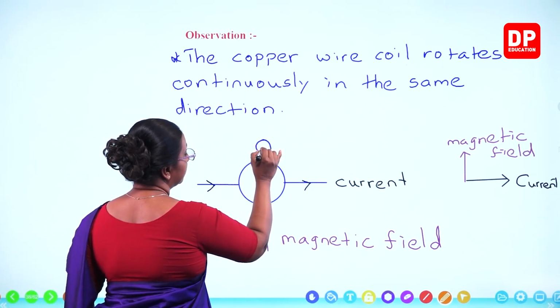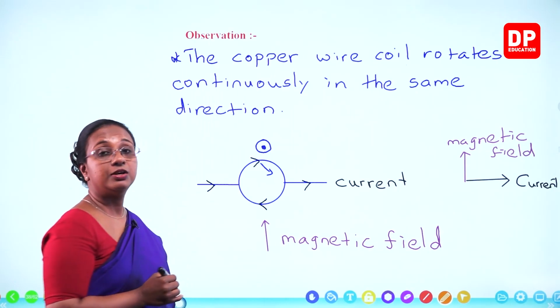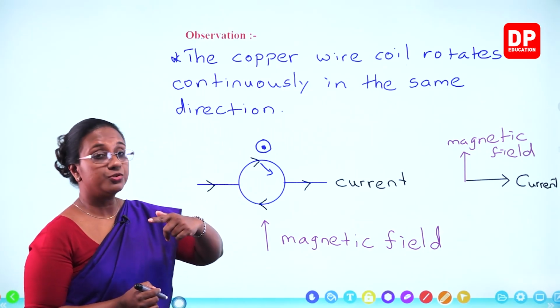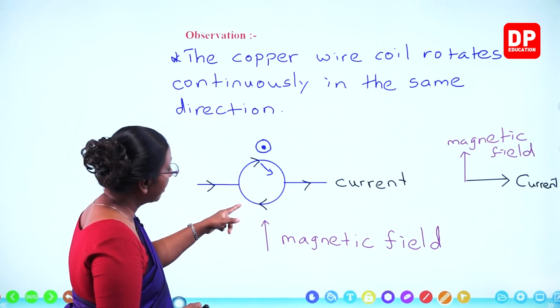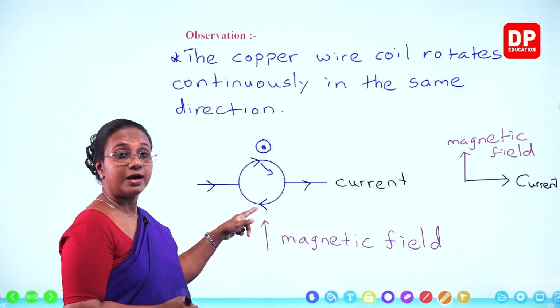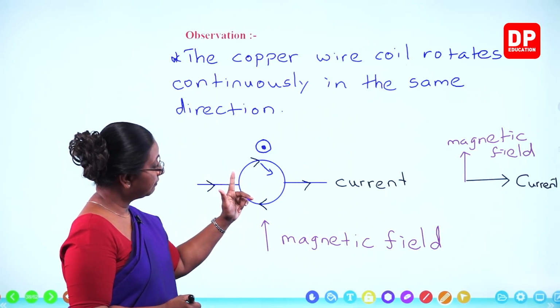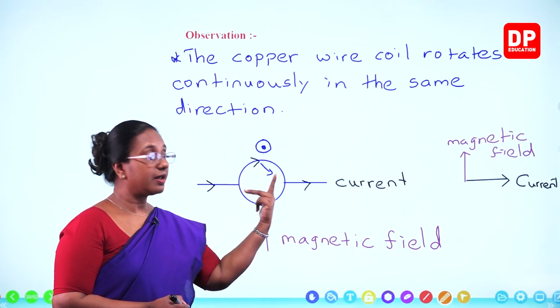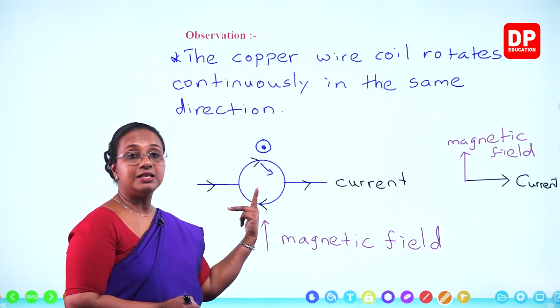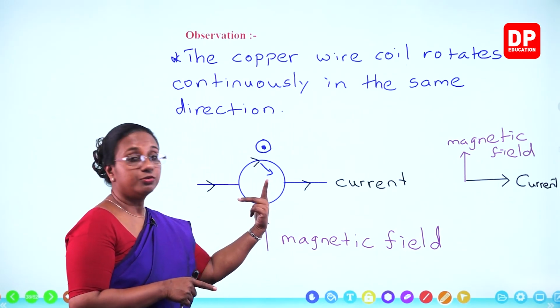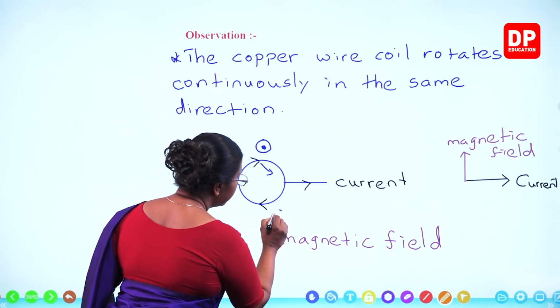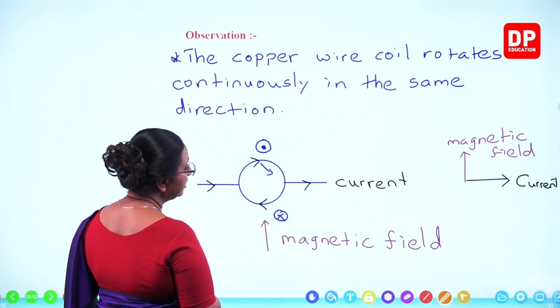We can show a circle with a dot. So the force is outwards. Then the same way if you apply it for this one, still the magnetic field is this way, but the current is flowing in this direction. Where does the thumb point? Into the board. So here it is going to be into the board.